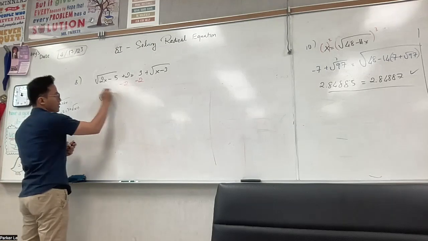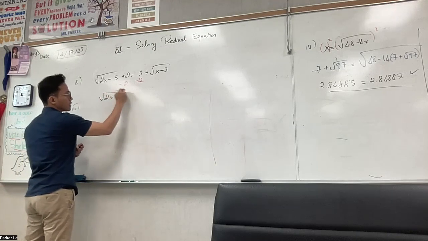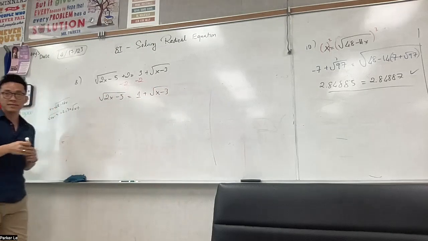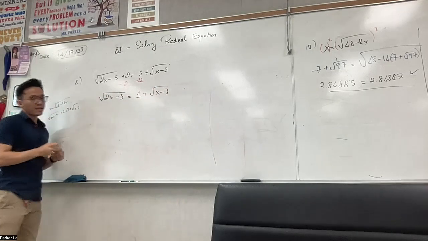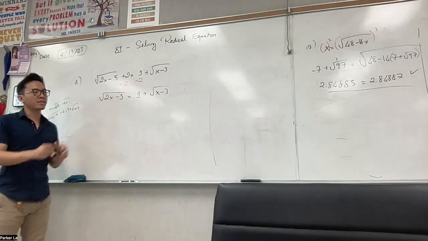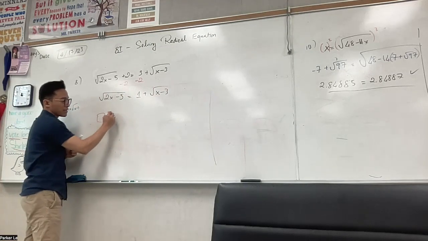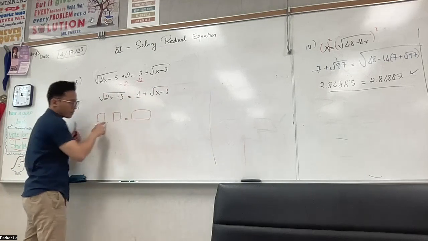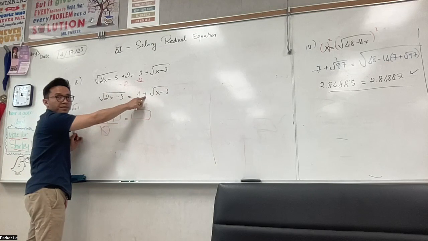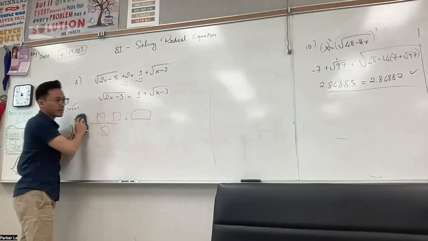So let's do the 1 first. So you're going to have 1. And you said you're going to divide by 1? I think you have some confusion on that. The last time you also divided. Divide is only when you have some multiplication, and you divide to cancel out. But this one is plus. You have plus right here, you cannot divide it.